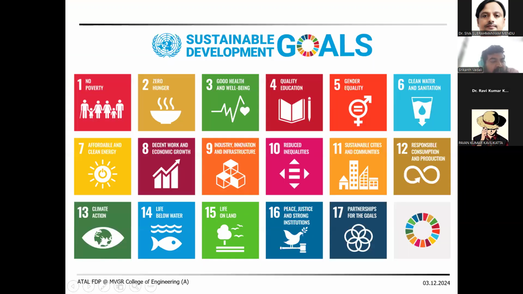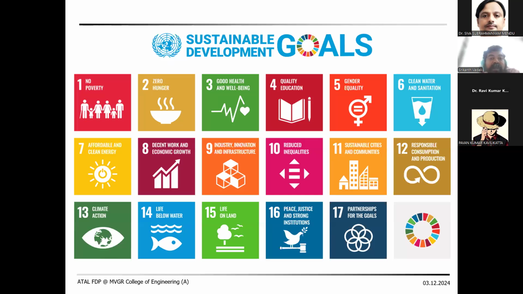All the institutions in various countries, governmental, non-governmental, academic, research institutions, are working on this. This has become a buzzword and so important. Many institutions are working on achieving these sustainable development goals.